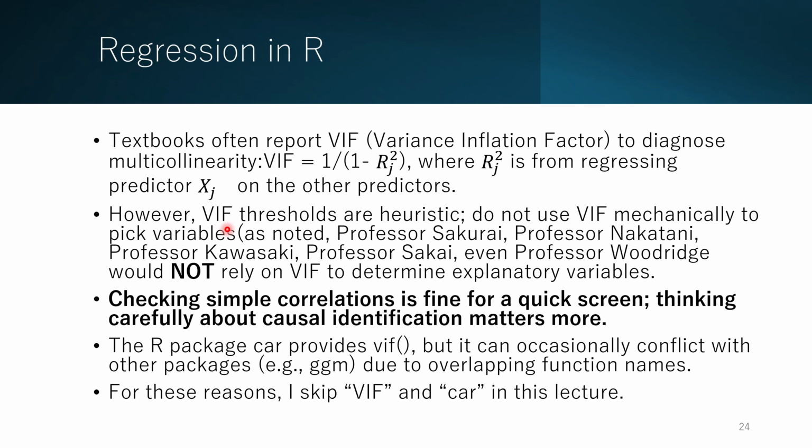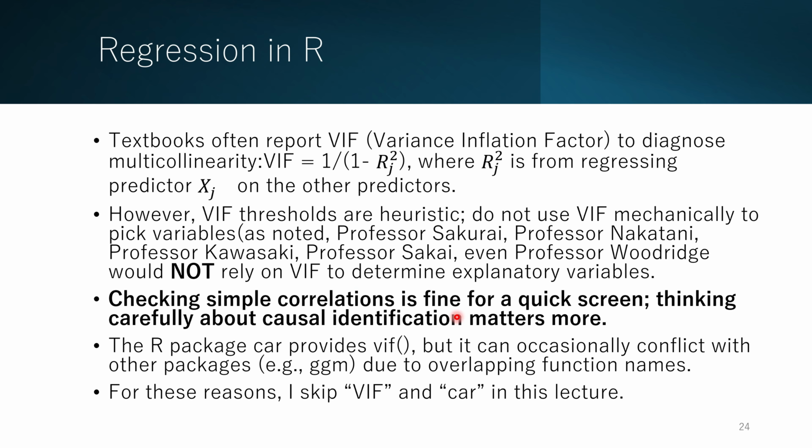However, VIF thresholds are heuristic, and do not use VIF mechanically to pick variables. I think that many researchers, economists or statisticians, do not use the VIF for statistical analysis. So you do not have to check the VIF for the multicollinearity problem.